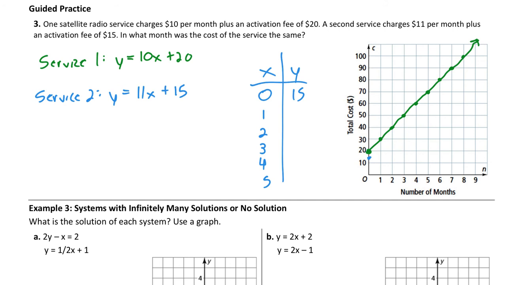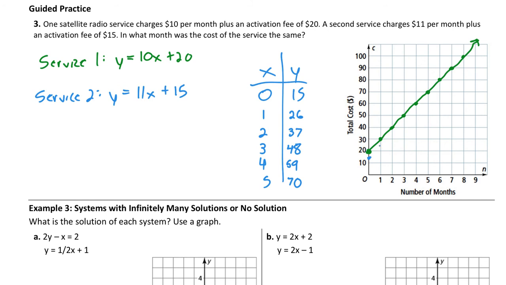So in month 1, I'd be charged $26 total. For month 2, $37 total. Month 3, $48 total. Month 4, $59 total. And then month 5, $70 total. That helps me because the graphing on here is not an exact science.